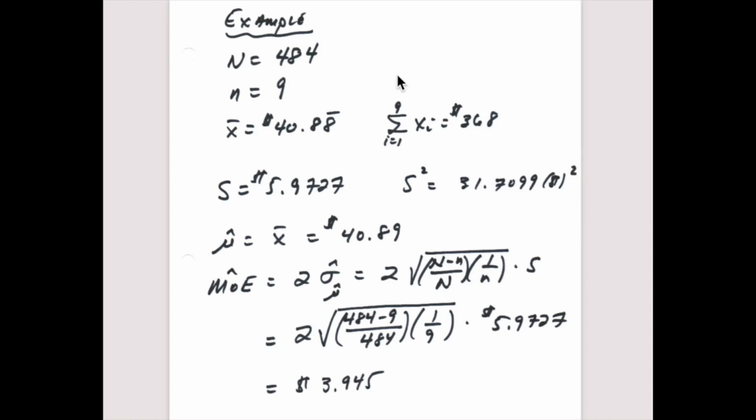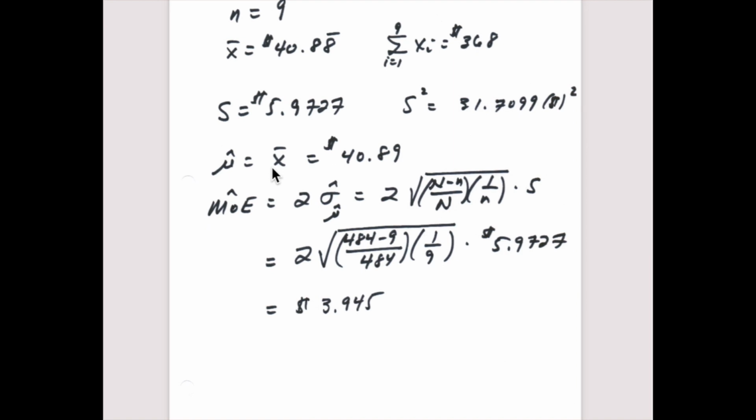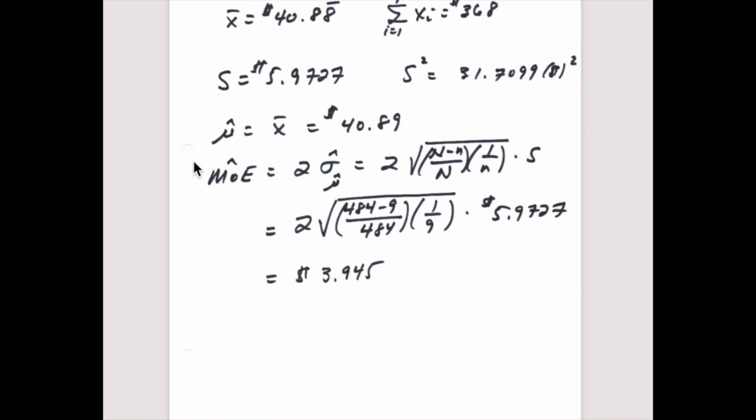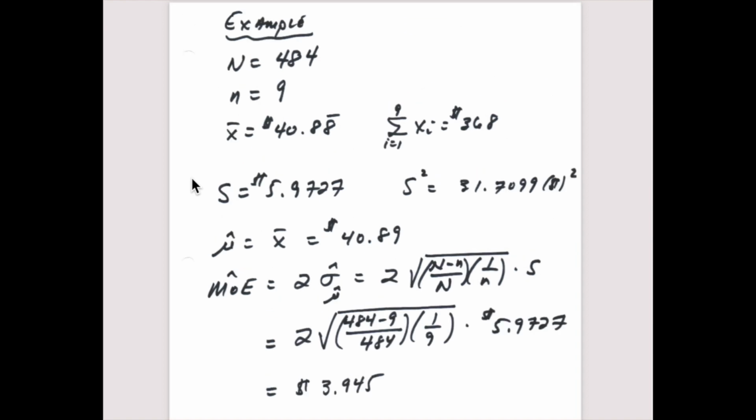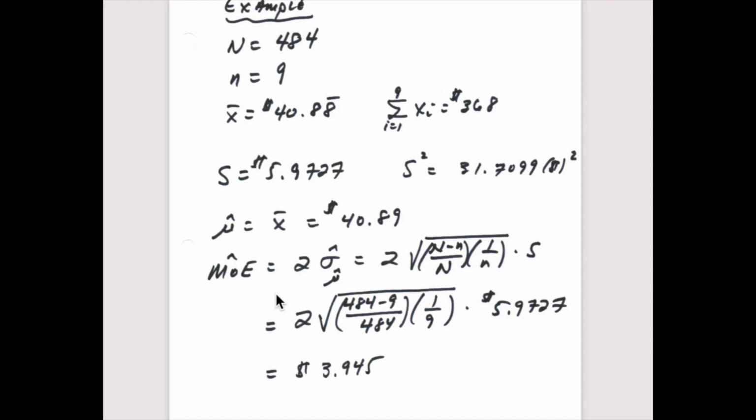Once we have the summary statistics, the sample mean, the sample variance, the sample standard deviation, and so forth, then we can go about estimating the population mean and also constructing a 95% confidence interval estimate for the population mean. The point estimate for the population mean, mu hat, is equal to x bar, so $40.89. The margin of error associated with that estimate is 2 times the estimated standard error of mu hat, given by this expression here.